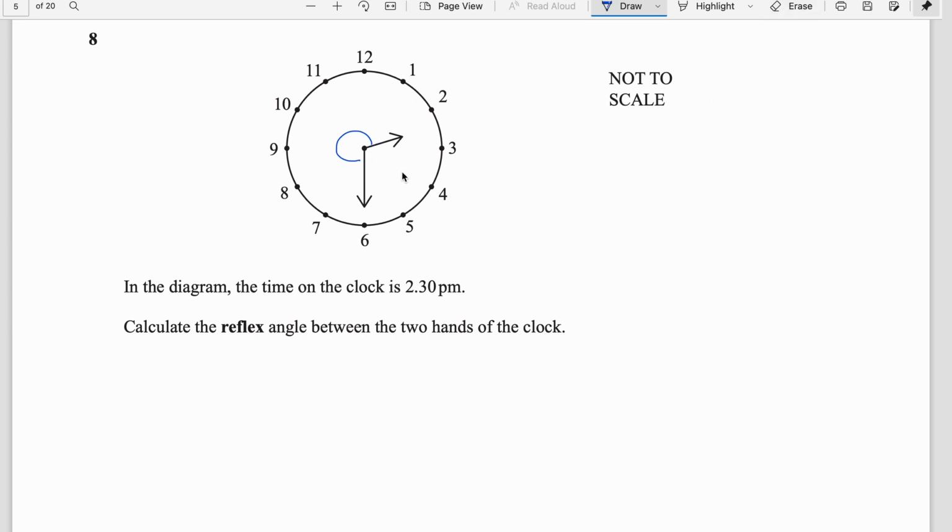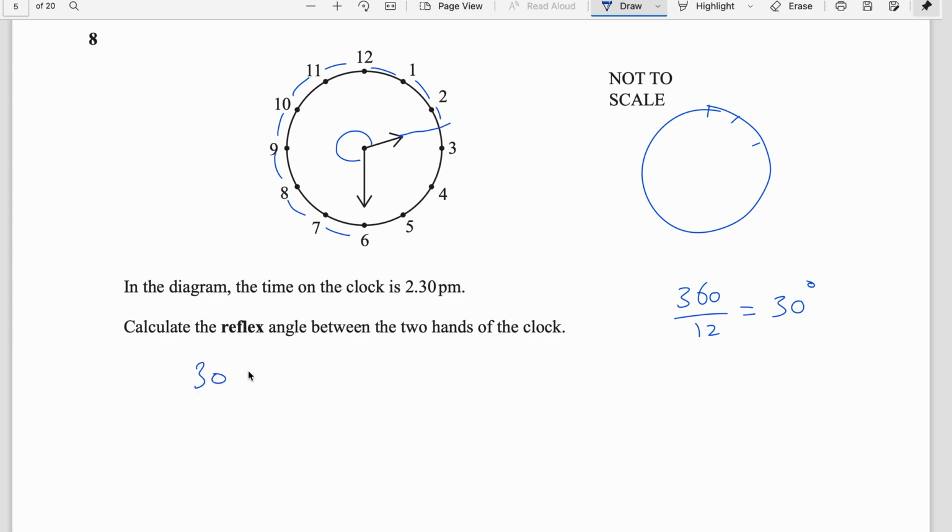We know that when it is 30, that is half of the 60 minutes, the hour hand moves half between these two. So we have 12 equal divisions. 360 divided by 12 gives 30 degrees for one division. So this is 1, 2, 3, 4, 5, 6, 7, 8 and a half.